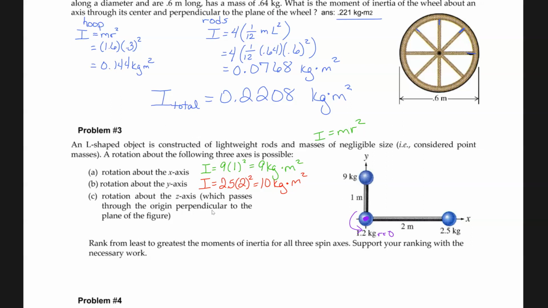So we're going to have the moment of inertia be 9 times 1 squared plus 2.5 times 2 squared. So that's going to be 19 kilograms meters squared. So we could rank these from least to greatest, based on which one is going to have a greater resistance to spin, resistance to that rotation.